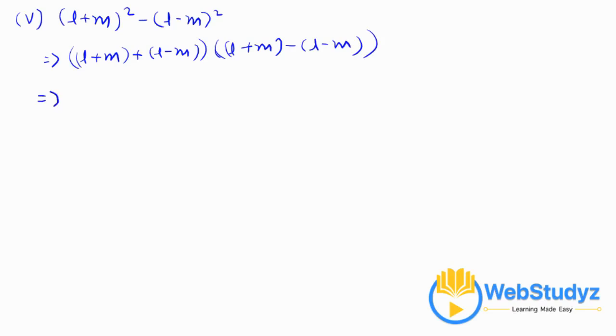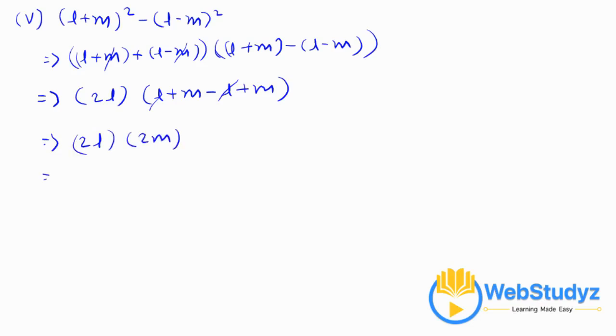So opening this, we can cancel out m from m, and here we can cancel out. We can write this as 2L into, this will be L plus m, this will be minus L plus m. So L cancels out and we get 2L into 2m. That means finally we get the answer as 4Lm.